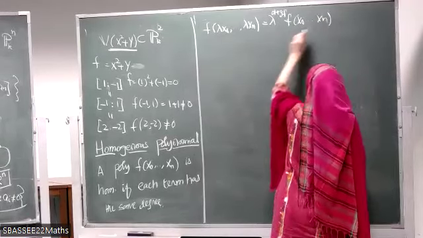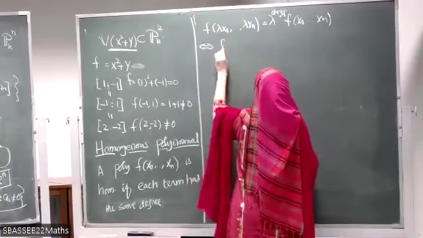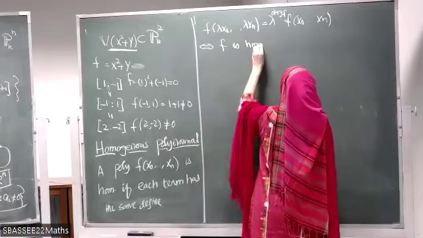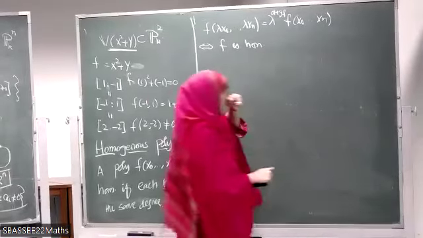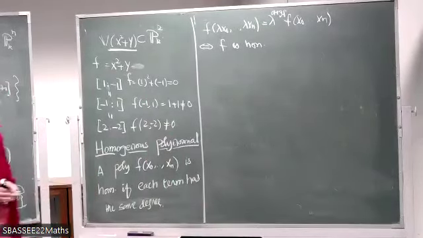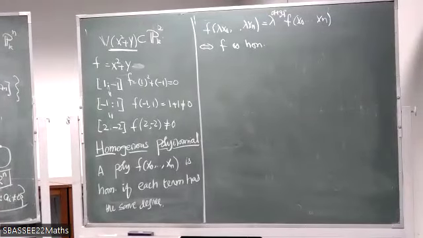If this is the case, then your polynomial is homogeneous. Right? So whenever you want to define a projective variety, we need to consider homogeneous polynomials. That's the way we can define it.